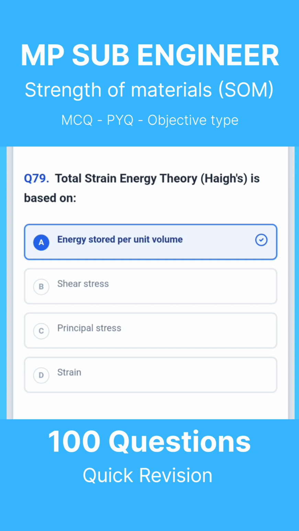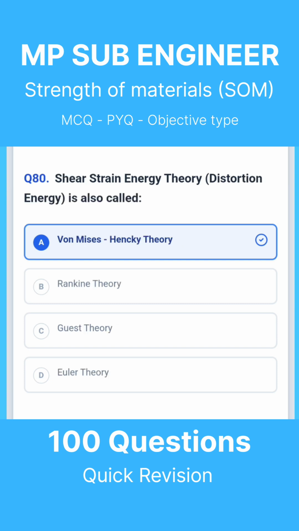Question 79. Total strain energy theory, Haigh, is based on. The correct answer is energy stored per unit volume. Question 80. Shear strain energy theory, distortion energy, is also called. The correct answer is von Mises-Hencky theory.